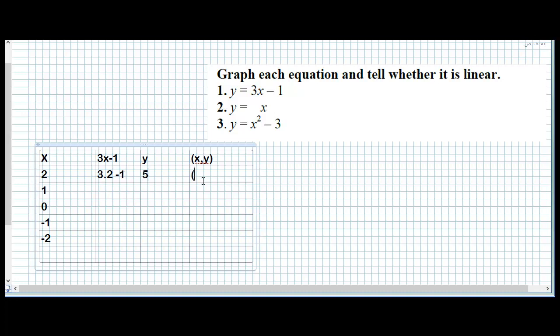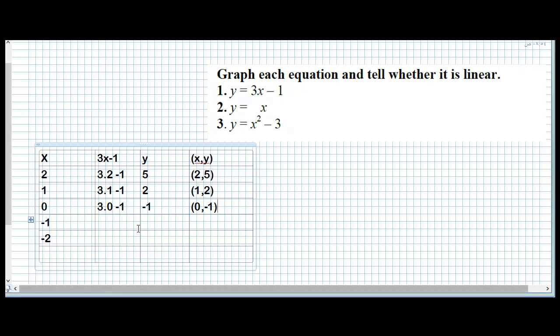So our point here is (2, 5). Next, x equals 1: 3 multiplied by 1 is 3, minus 1 is 2. Our point will be (1, 2). For x equals 0: 3 multiplied by 0 is 0, minus 1 means negative 1. It will be (0, -1).